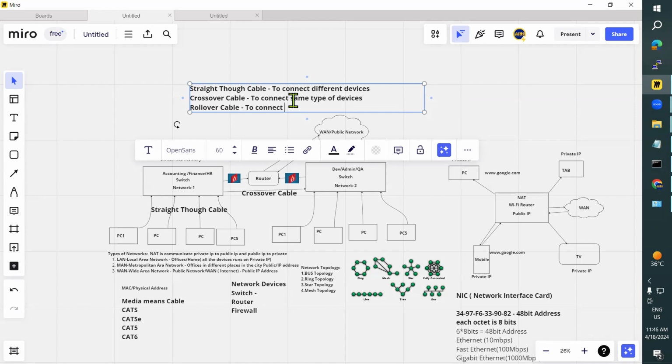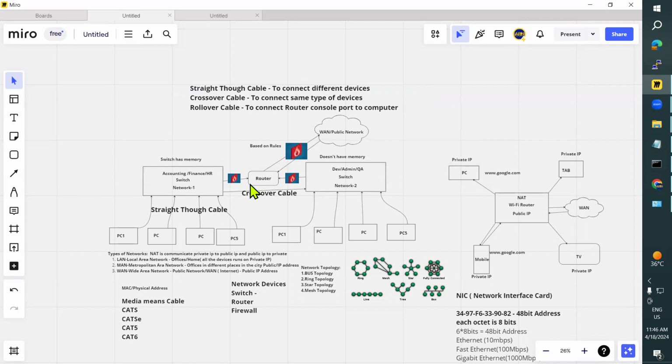And the rollover cable is generally used for connecting a computer to a router console port. For example, if I want to configure a router: without configuring the router, if you simply connect both networks, they will not communicate.